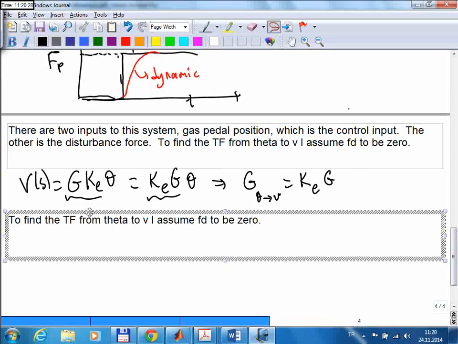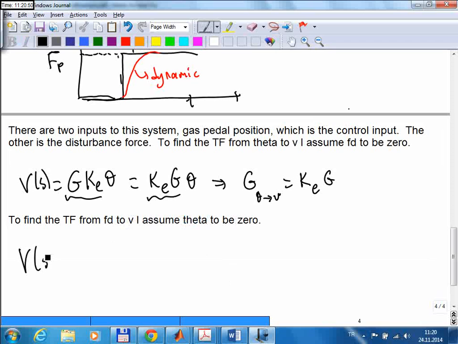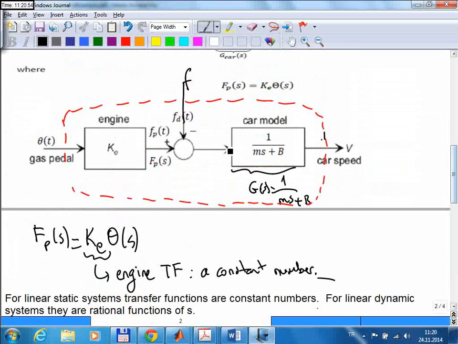Find the transfer function from Fd. I assume theta to be 0. In which case the output becomes equal to G times the input to that, but since in this case this signal is 0, input to that becomes minus Fd, right?